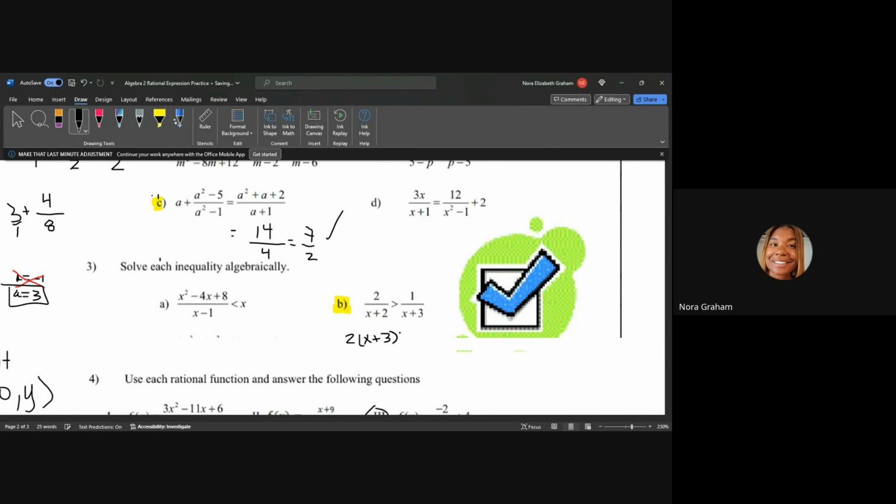More than 1 times x plus 2 is just x plus 2. I distribute to make sure my 2 hits each and every term. So then I get 2x plus 6 is more than x plus 2.